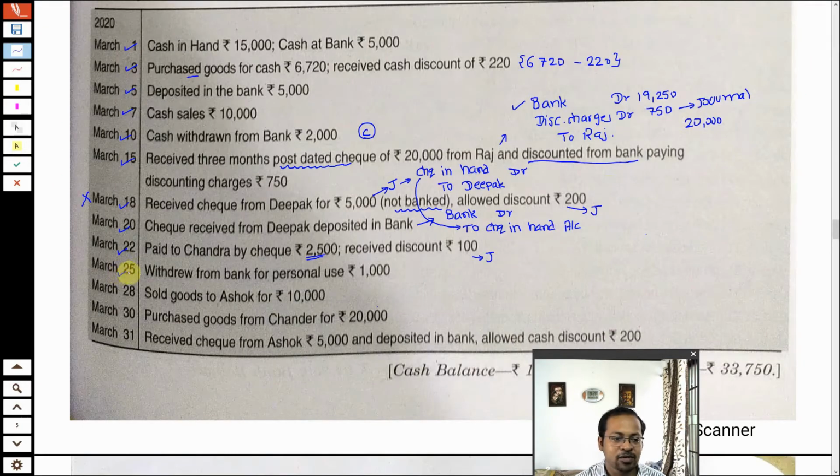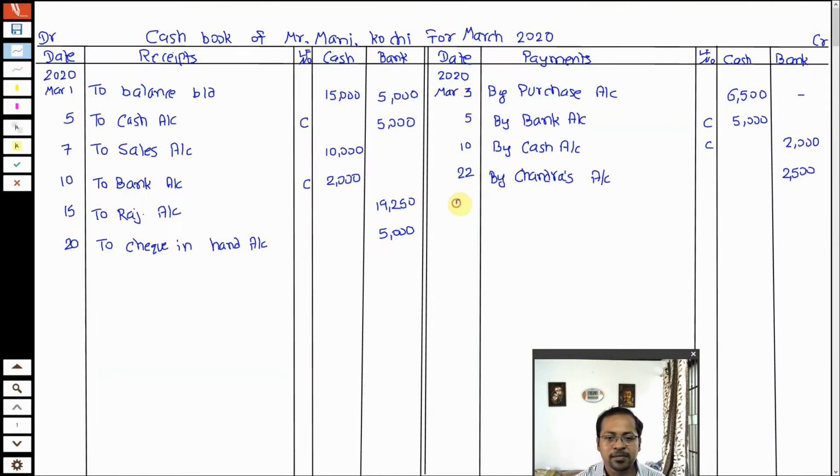Next is on March 25, withdrew from bank for personal use. So it means drawings account debit to bank 1000. So to bank I will write by drawings account 1000.